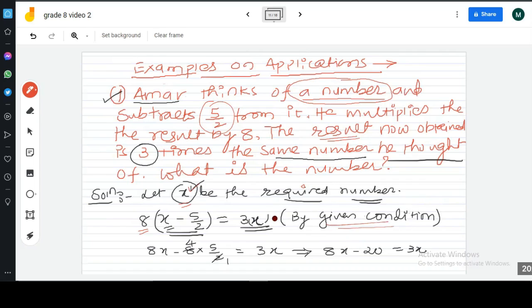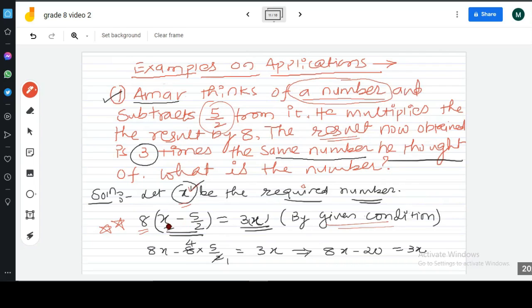This step is very important, because it gives us a linear equation in one variable, and that too having the variable on both sides. Clear? Now we just need to simplify. So here 8 times x minus 5 by 2 equals 3x.